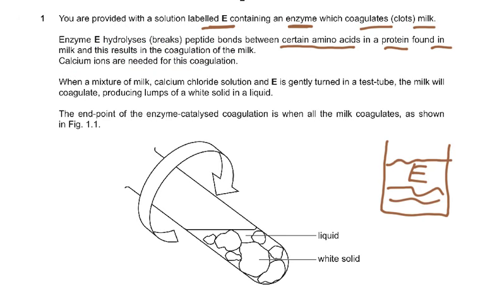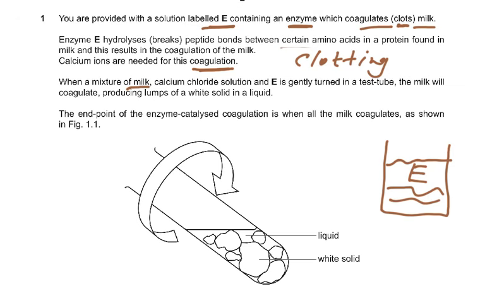So we read the question and we understand the question, and then we look at this word coagulation and we try to explain it to ourselves. Some of you don't really understand the word coagulation, so I usually say use the word clotting, like blood clots. So if you don't understand the word coagulation, try to understand what it means. Clots milk, here it says also clots milk.